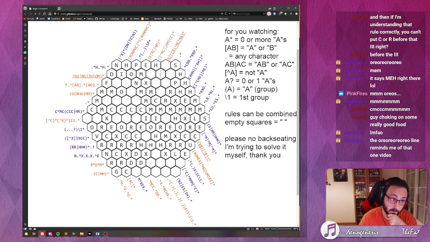Then I have to put an O here, which is also acceptable. Never mind. R, C, R, C, R. So I could never place CR here. So this is forced to be MC into here, right?